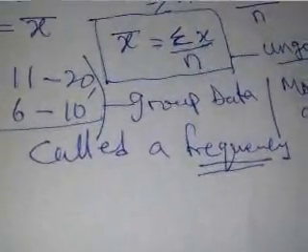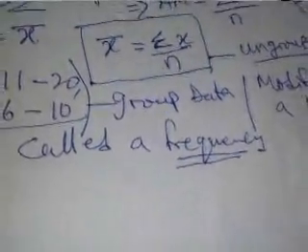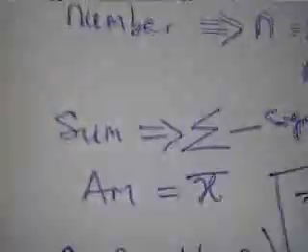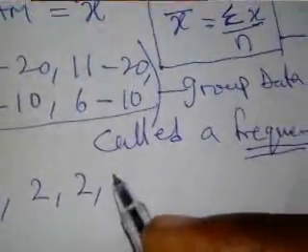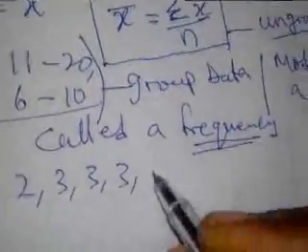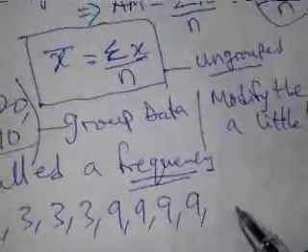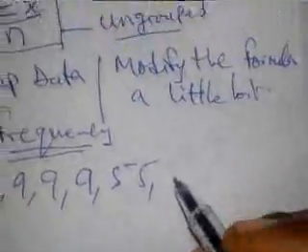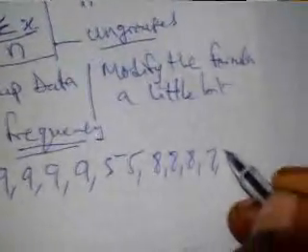Okay, let's go ahead. Frequency is the number of times an item occurs. So we have intervals like this. Let's assume we have 1, 2, 2, 3, 3, 3, 3, 9, 9, 9, 9, 5, 5, 8, 8, 8, 7, 7.